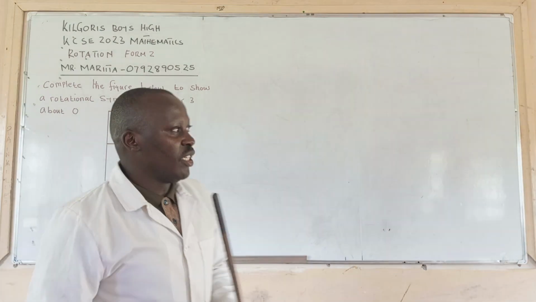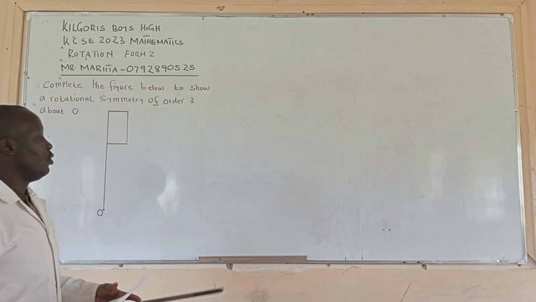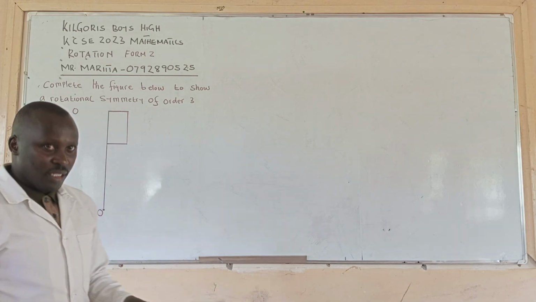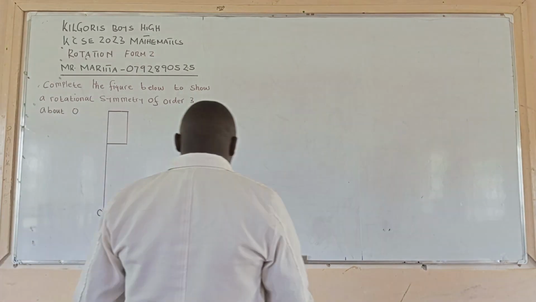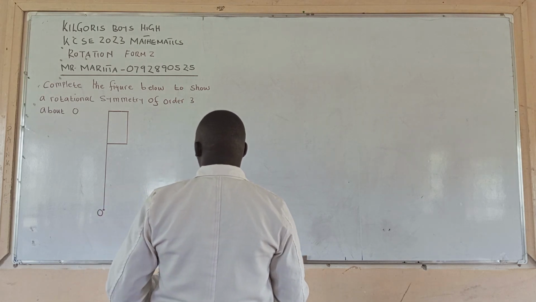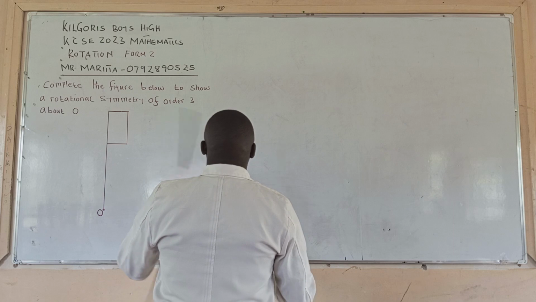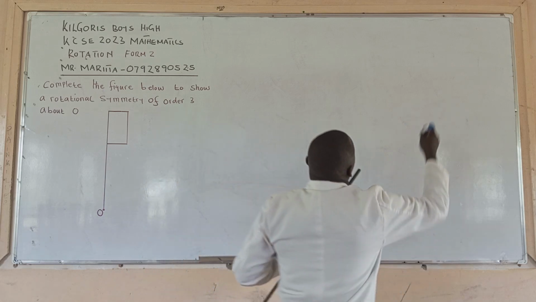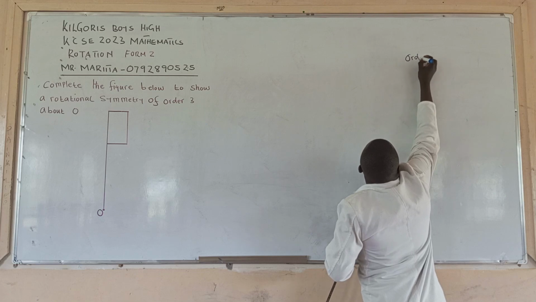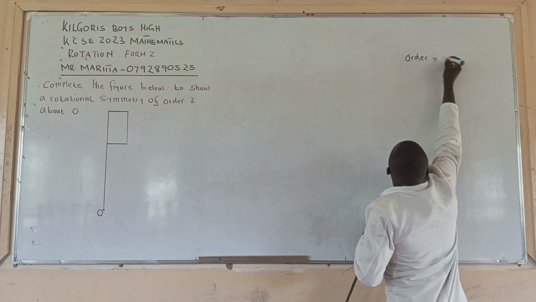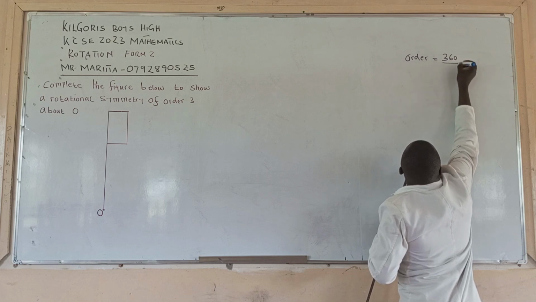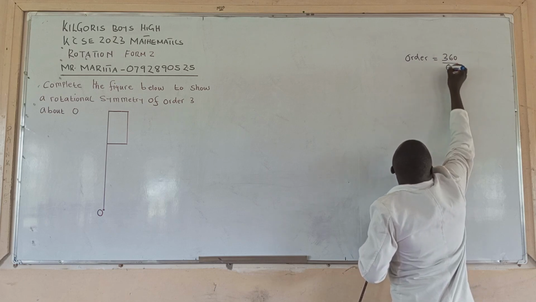There is one thing you need to understand: order. How do you get the order? It is very simple. We have a formula: the order is equal to 360 divided by theta.